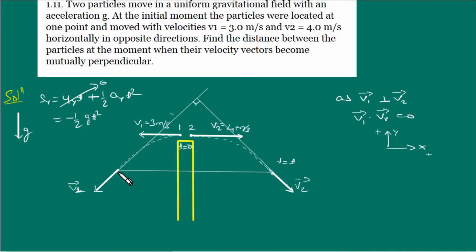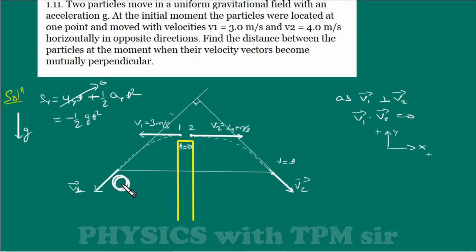So at any instant of time, both will be on the same horizontal level, and the distance between the particles will be like this. If particle 1 has displaced by distance x1 in the horizontal direction and particle 2 by x2, then the final distance will be x1 plus x2, obviously.